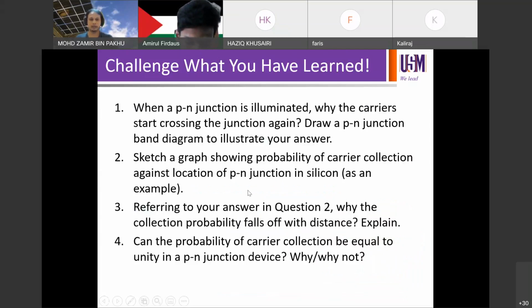And then you should be able to sketch the probability of carrier collection that we discussed just now, away from the depletion region, away from the p-n junction. Also, why the collection probability falls off with distance, and can the probability of carrier collection be equal to unity at the p-n junction. So go back and try to recap on this.